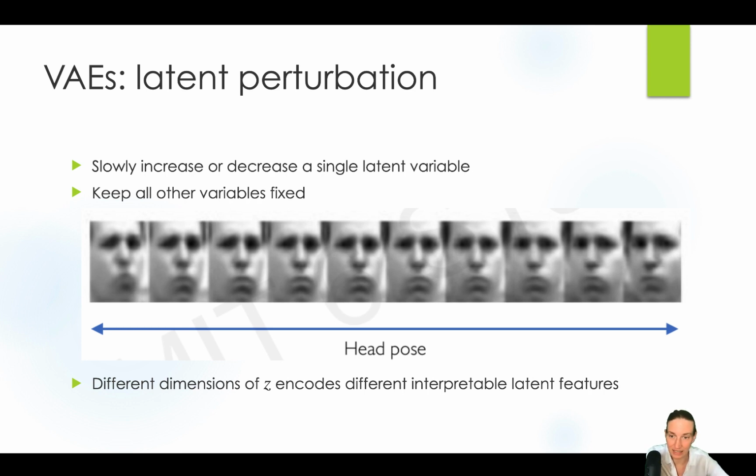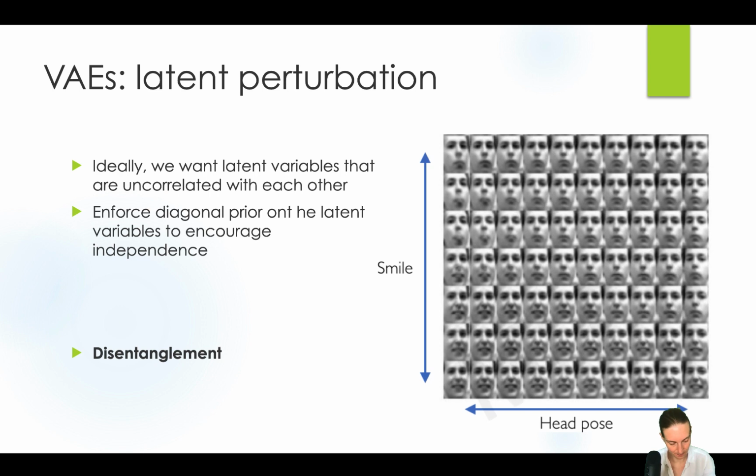And this is exactly what we want to try to do. We want to have this unsupervised learning algorithm learn or identify disentangled, meaningful semantic features. And by doing these perturbations, we can actually discover what they represent.